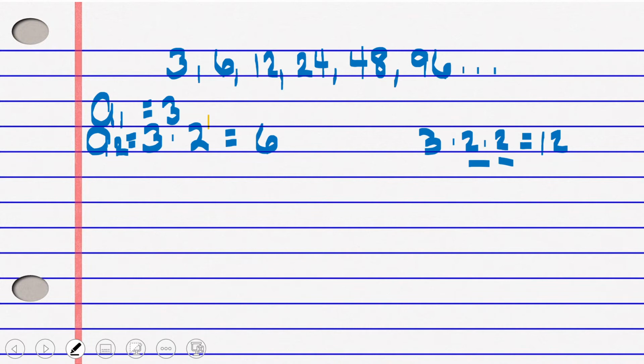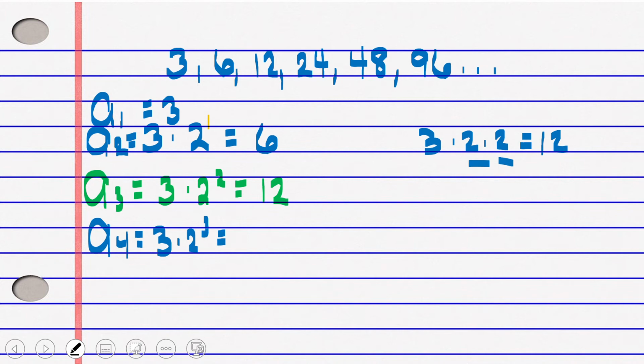But for the next term, we could say A of 3 equals 3 times 2 to the second power to get to 12, and so on. A of 4 might equal 3 times 2 to the third power. Should we check that out over here?